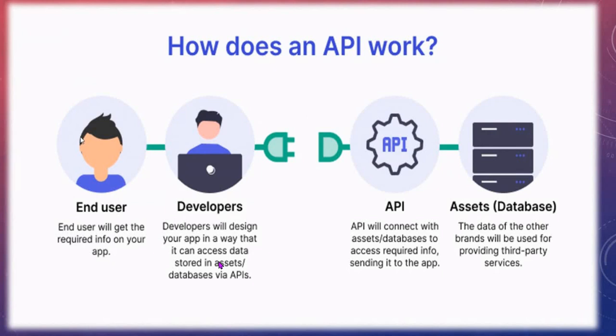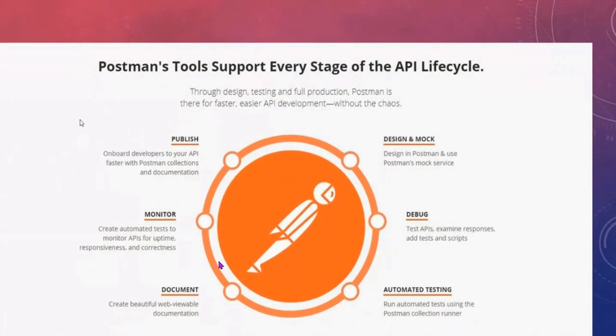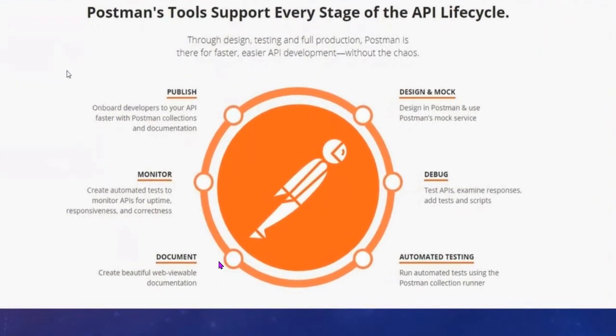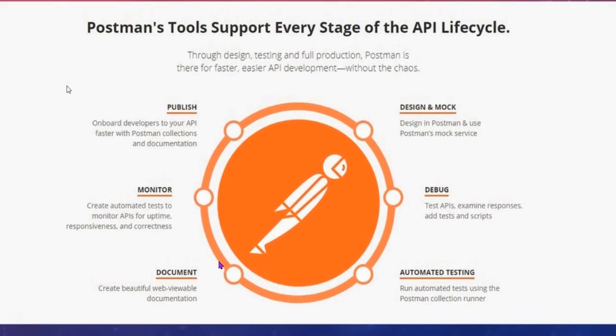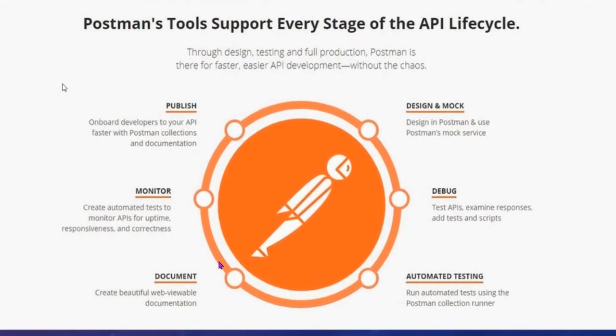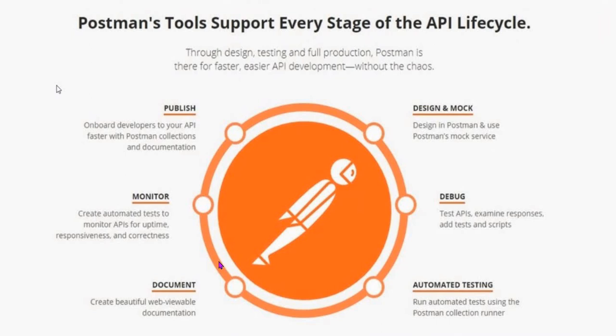And there are some common HTTP request methods as well. Postman is one of the tools to use APIs. It is a very supportive tool and it is very easy to use. The common HTTP request methods in Postman are post, get, put, delete.